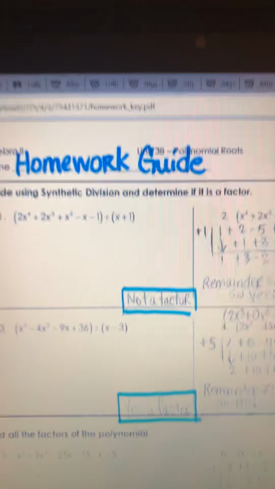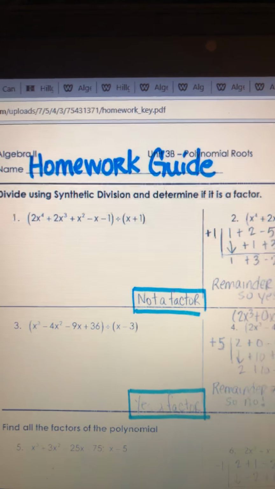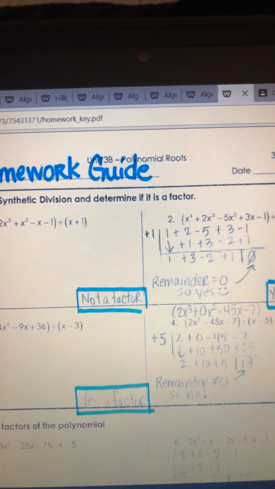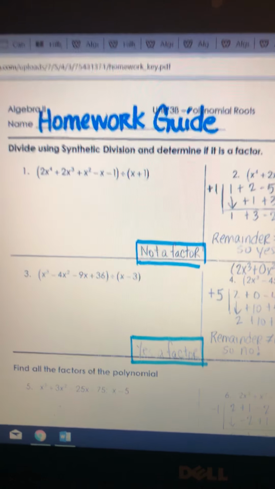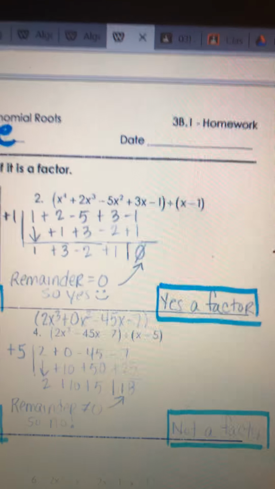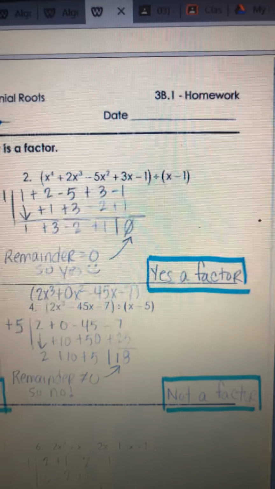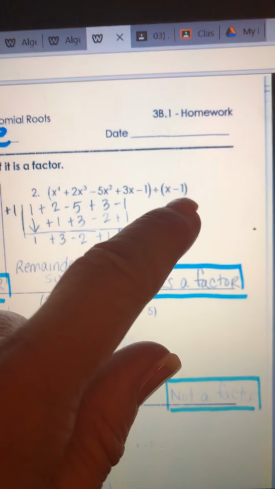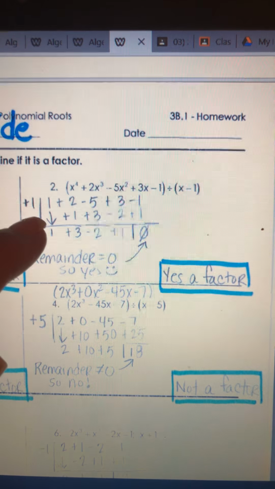Now, the instructions here were to divide using synthetic division and determine if it was a factor. Now remember, if your remainder came out to equal 0, like it did here in number 2, then it would become a factor. So basically all you're going to do is take that -1 here, change the sign and make it a +1.